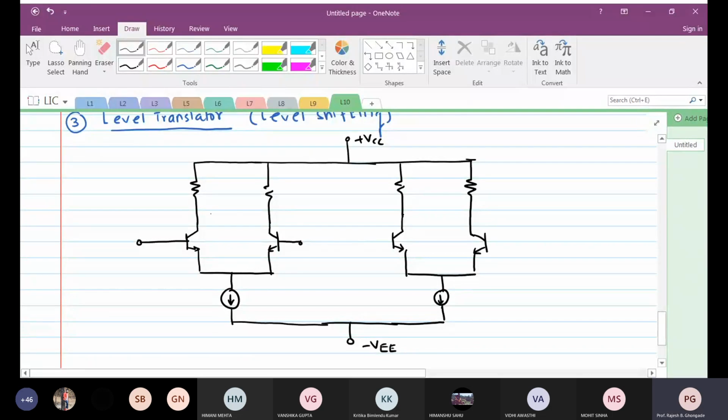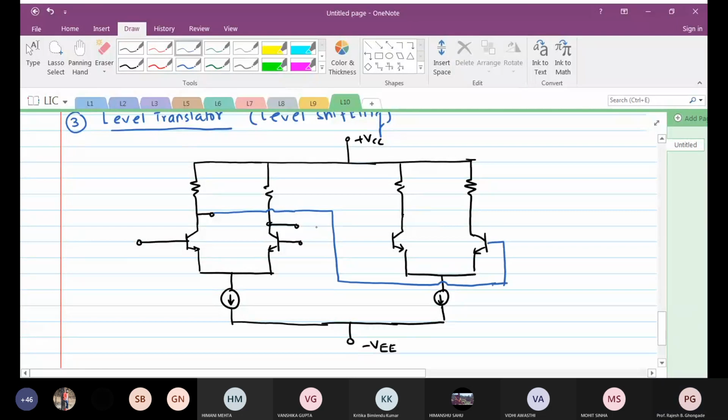And the output is going to be connected in a slightly different way. I will be using a different color here so that it will be easier to see. The output of this goes to this end.